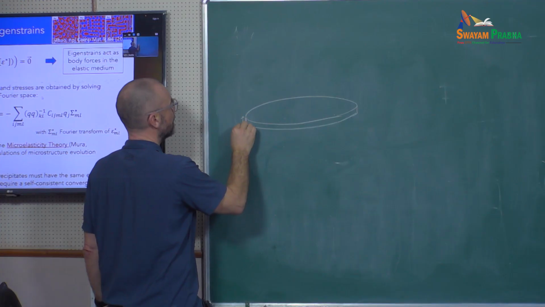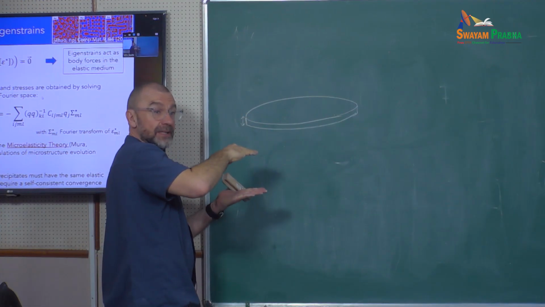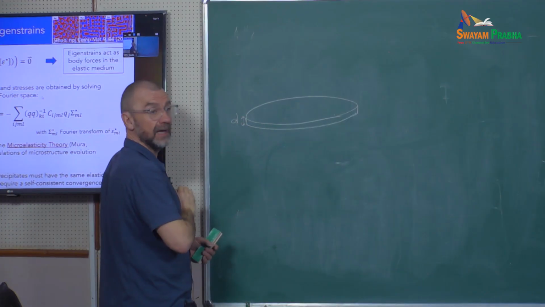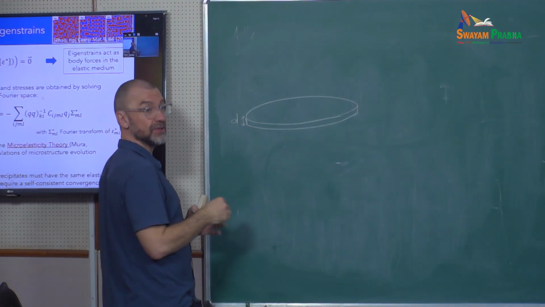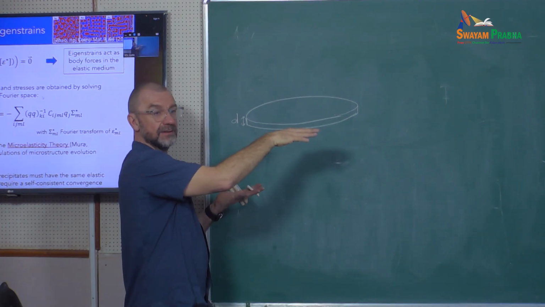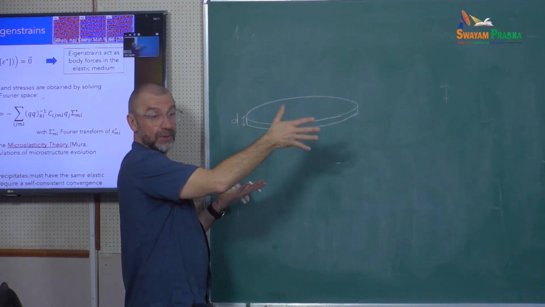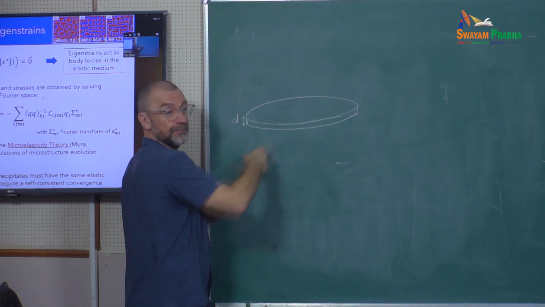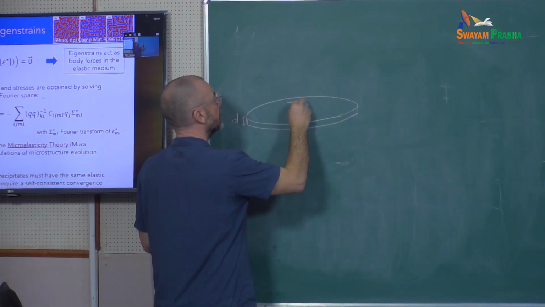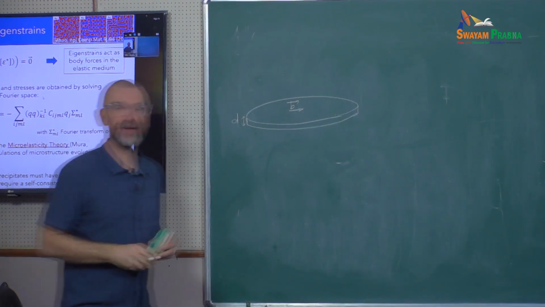The height of the platelet will be the interatomic distance. And then to create a dislocation, I say that this face here is displaced by the Burgers vector with respect to that one. So there's B here.